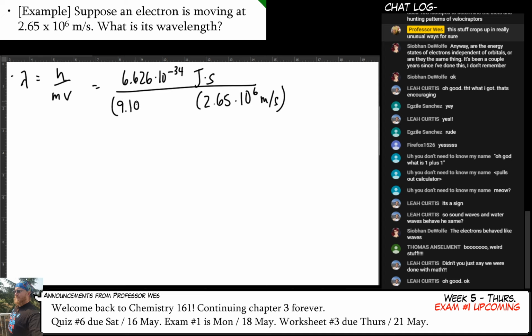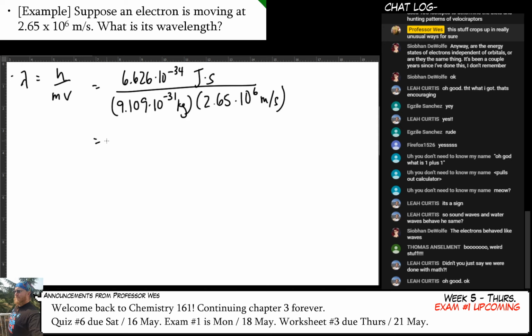I think it's this. Let me look that up real quick. Mass of electron, kilograms. 9.109 times 10 to the minus 31. Okay, cool. I never use this number, so I'm actually surprised that I know that.